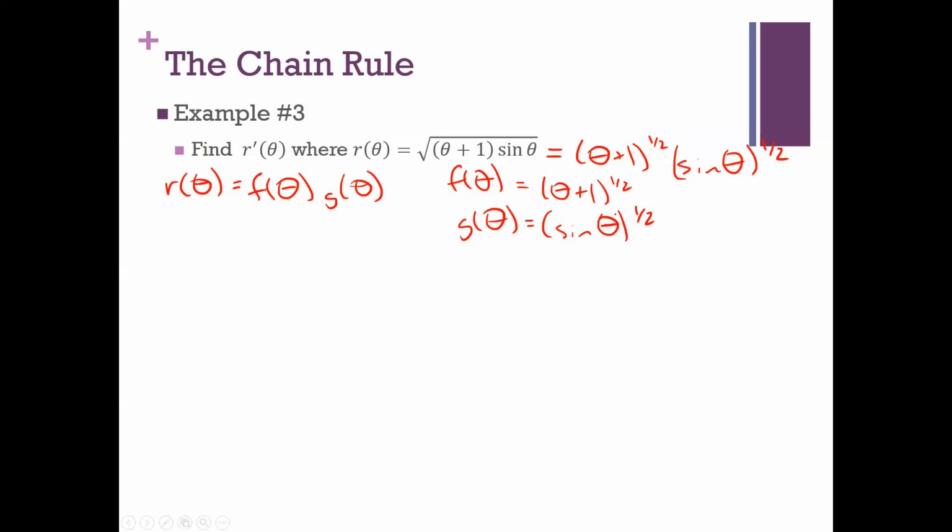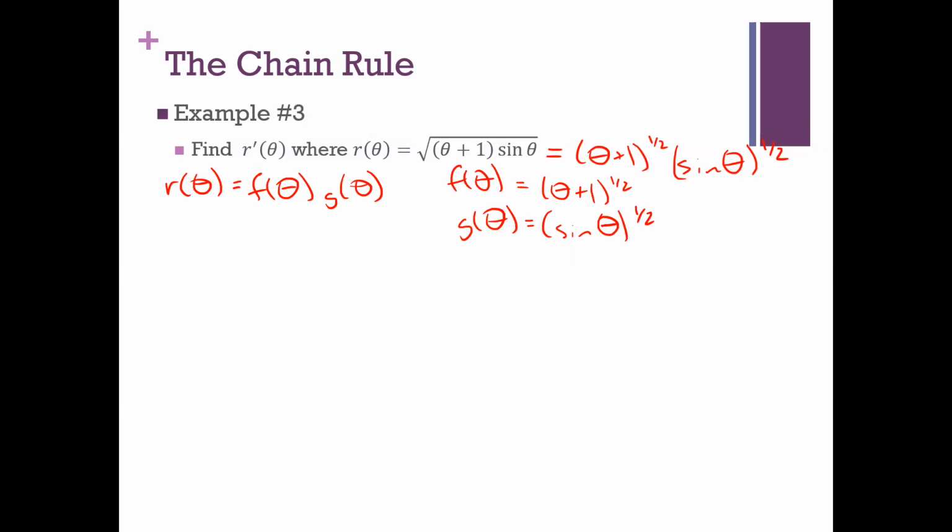Can we take derivatives of f and g individually? You absolutely can. How? Like what do we need? I actually don't need the product rule for f or g by themselves.